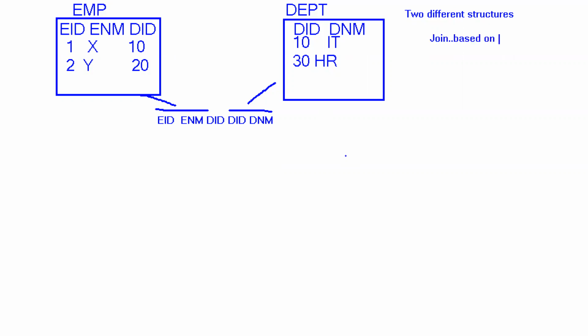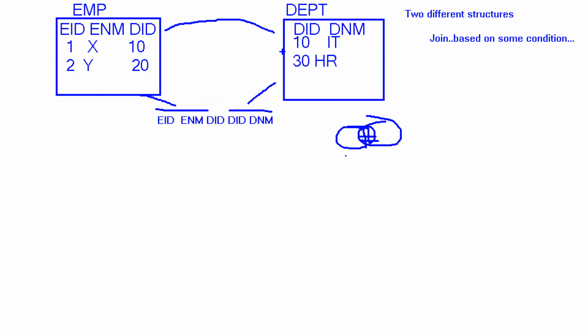Based on some condition, we'll bring the data. Assume the condition right now is department ID. What is the condition? And I want an exact condition match. See, this is one query, another query, exact condition match.